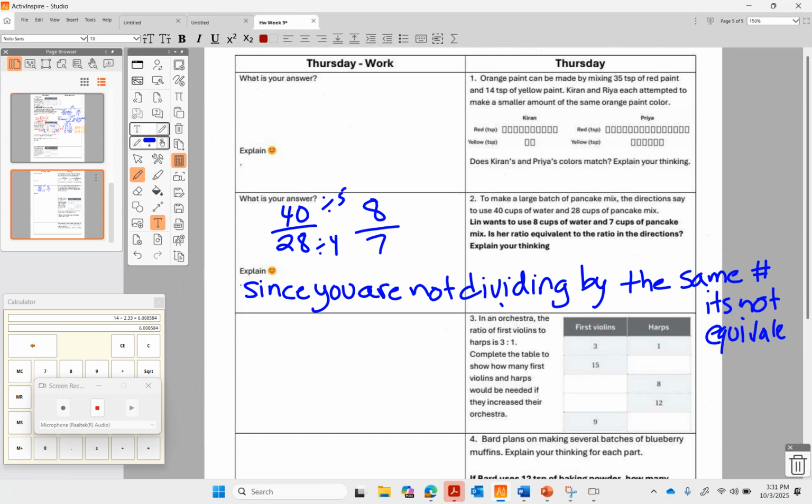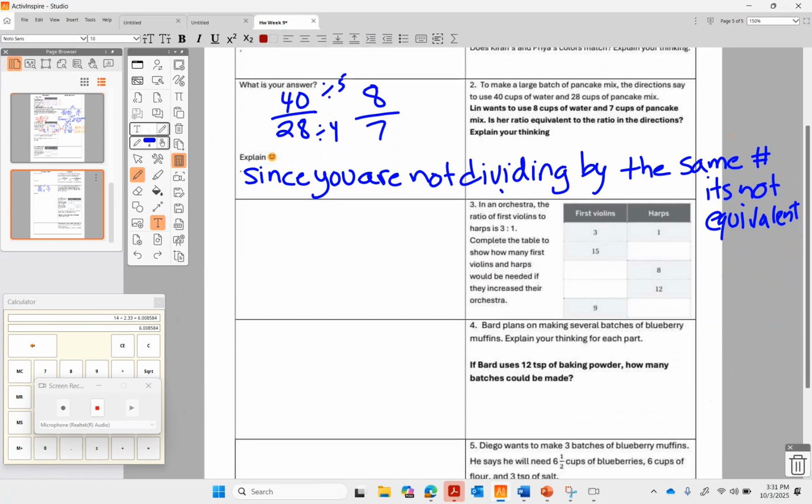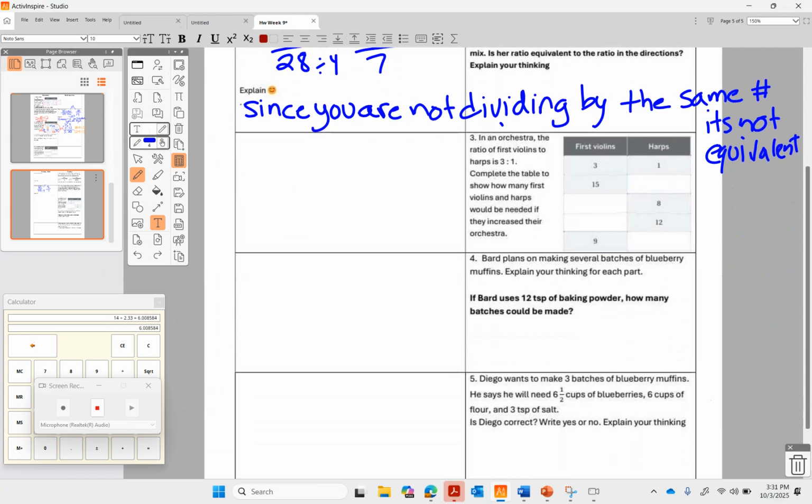It doesn't work. Okay. Looking ahead, I can see for 4 and 5, I'll have to get the recipe and do a video for those, but we can at least get through number 3 here.